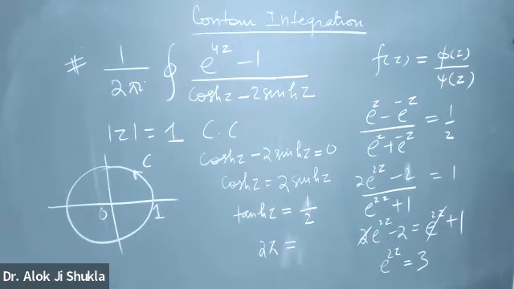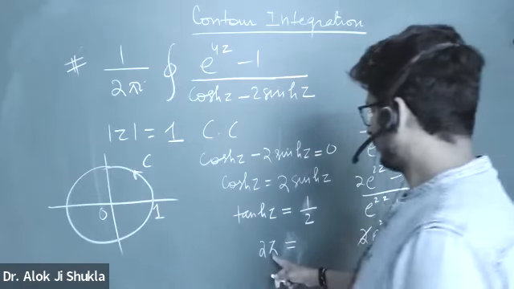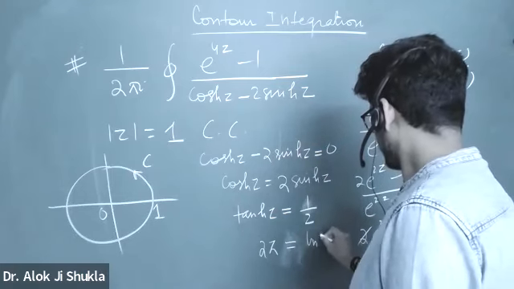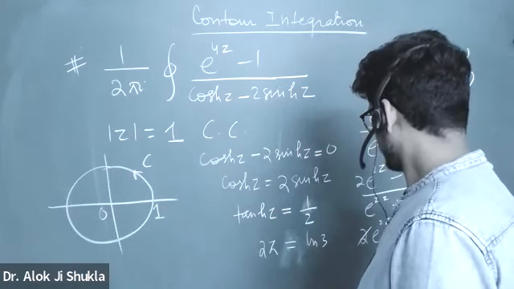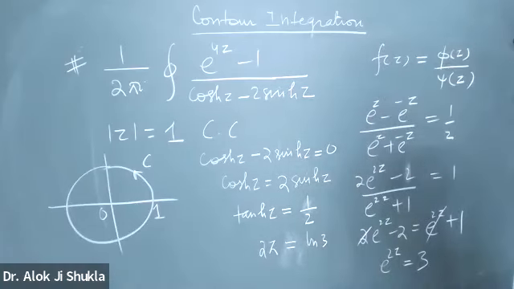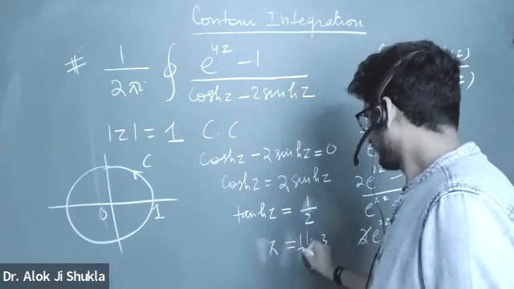So 2z is equal to ln 3, so z is equal to 1/2 ln 3.